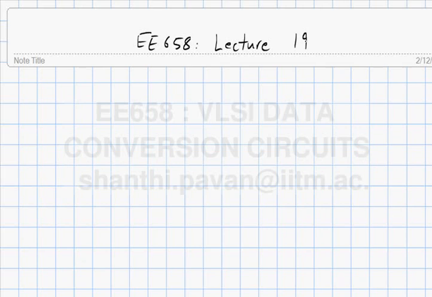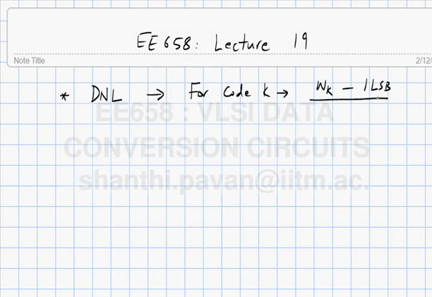In the last class, we saw what differential nonlinearity, or DNL, is. For a code K, it is the width of code K minus 1 LSB, divided by 1 LSB, and defined in this fashion it is a dimensionless quantity.